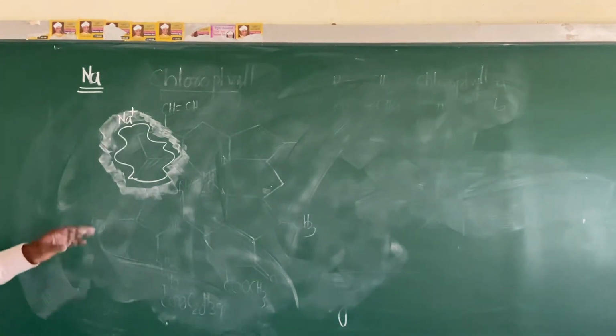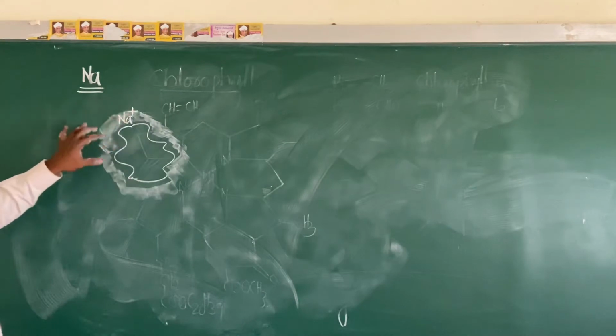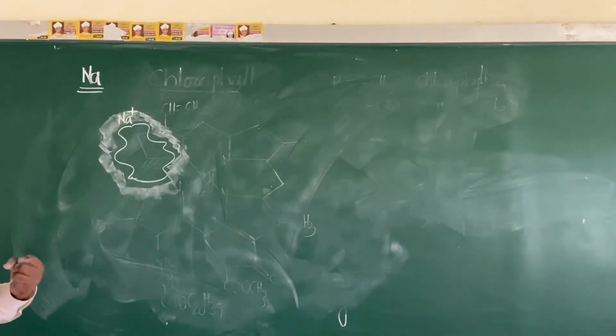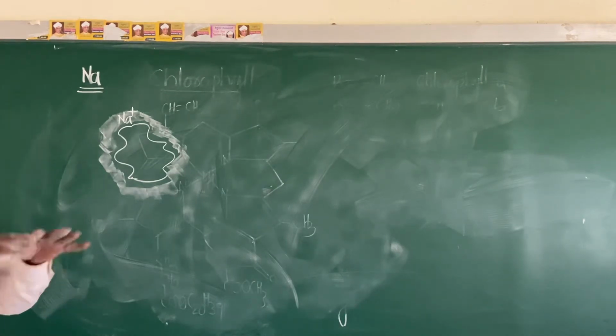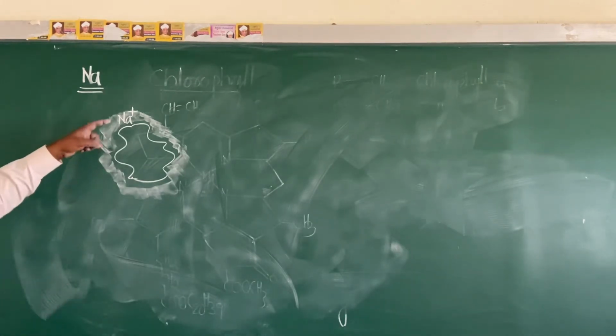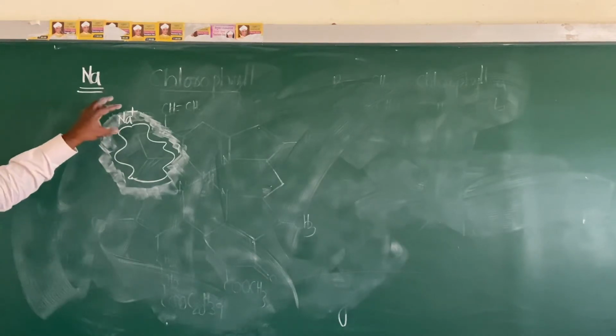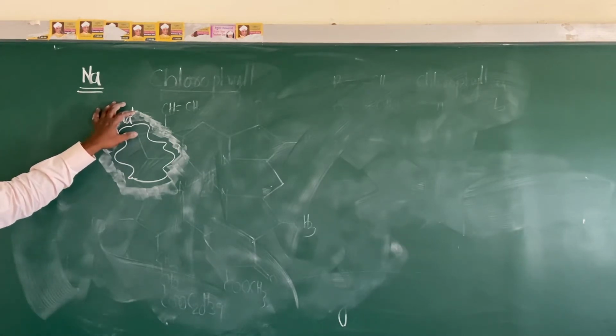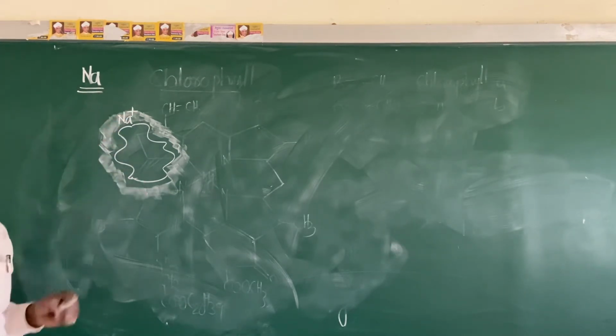And remember, not only in this plasma, in the interstitial fluids, the fluids that are present inside or outside the cells of the body, they are also having the Na plus ions. So sodium ions are present in blood plasma as well as what?